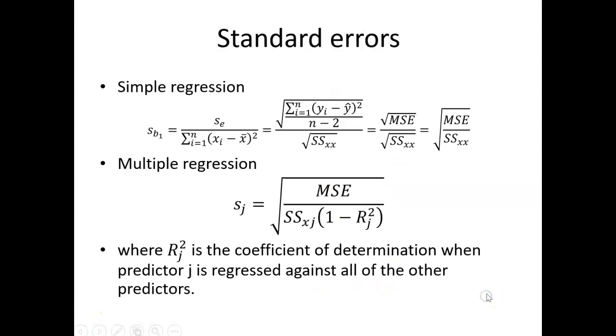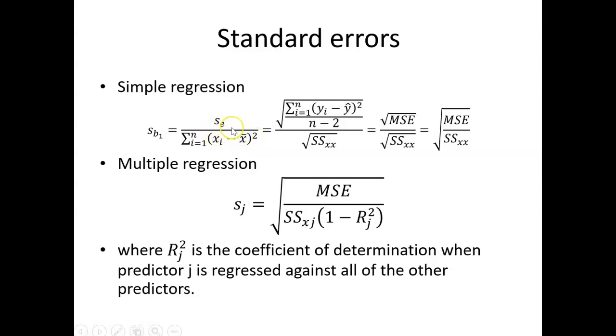So the standard errors in a simple regression, the notation was S sub b1, because we had a single regressor, and it depended on the standard error of the regression and the sum of the squared differences of the regressor variable from its mean.